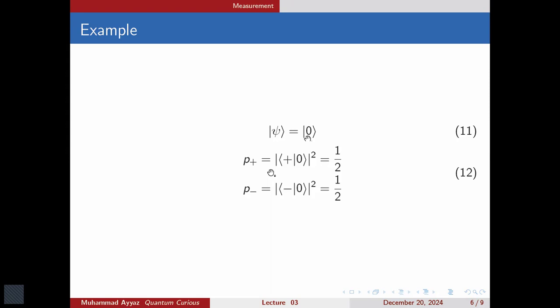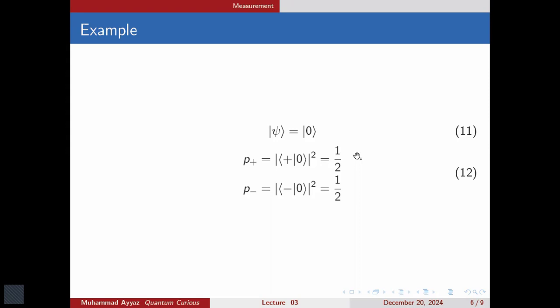When we take the inner product of plus and the zero state and get the mod square, we get half, and similarly for the minus state. So we get half probability of getting plus state and half probability of getting minus state by measuring the given state zero in the other basis.